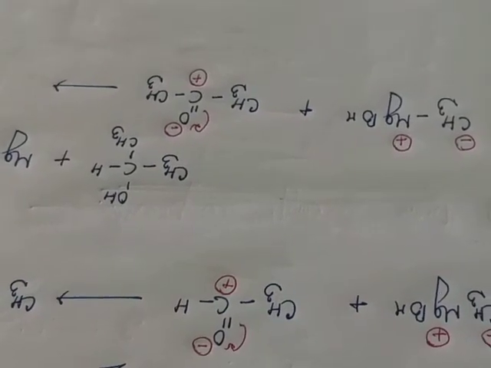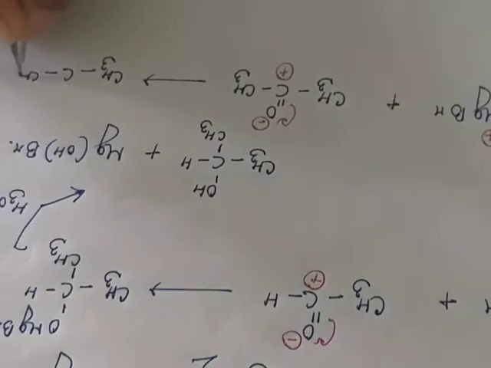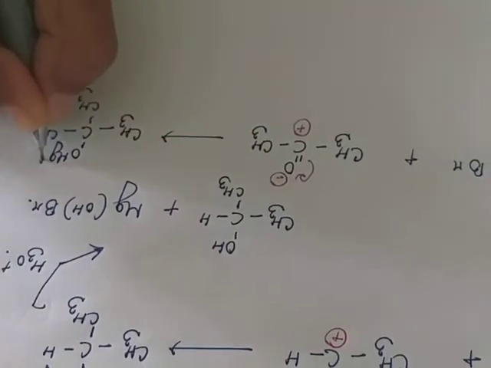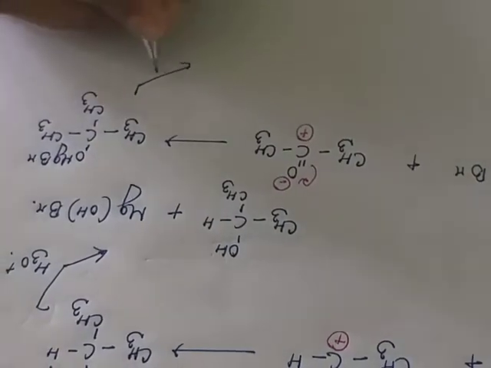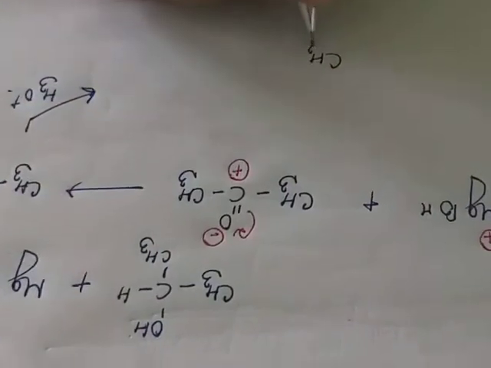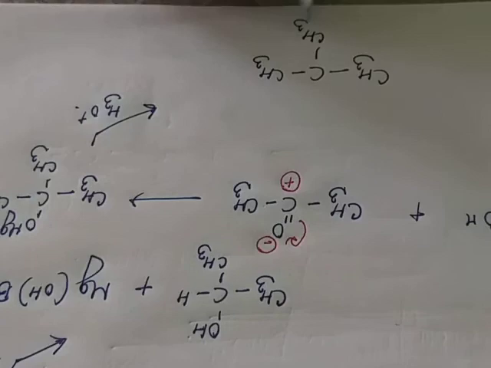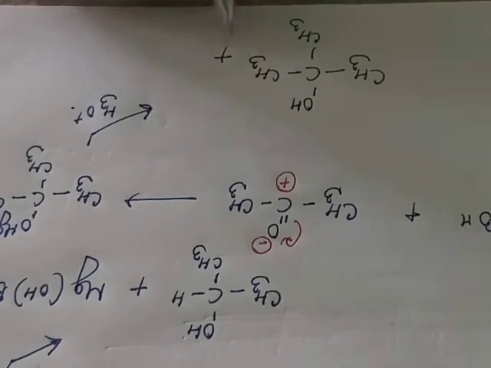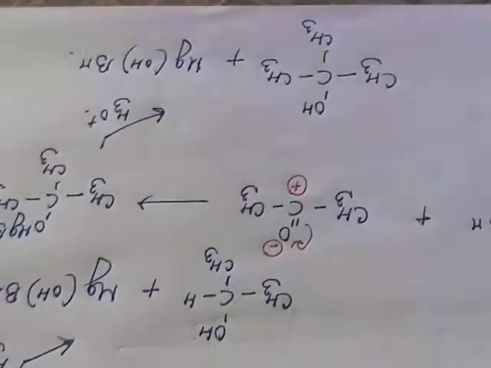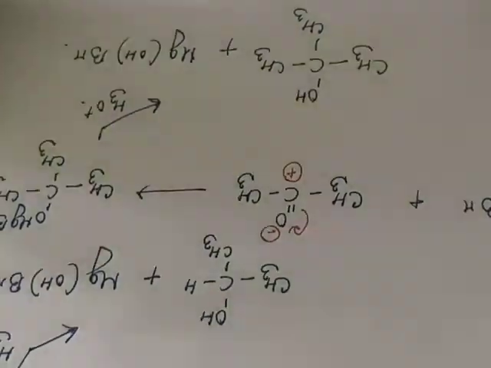So this makes CH3 and this is OMgBr. This on hydrolysis would give us tertiary butyl alcohol. This is how the tertiary butyl alcohol is made.